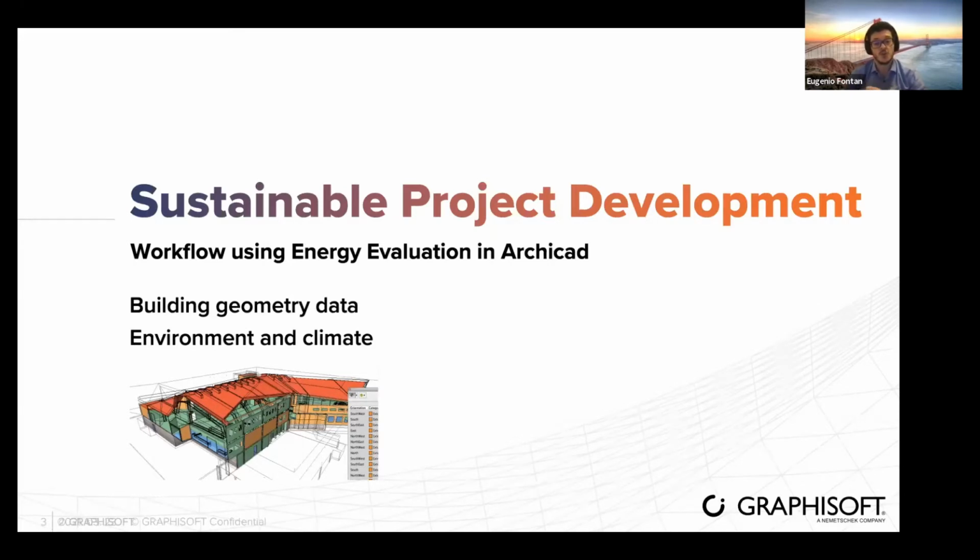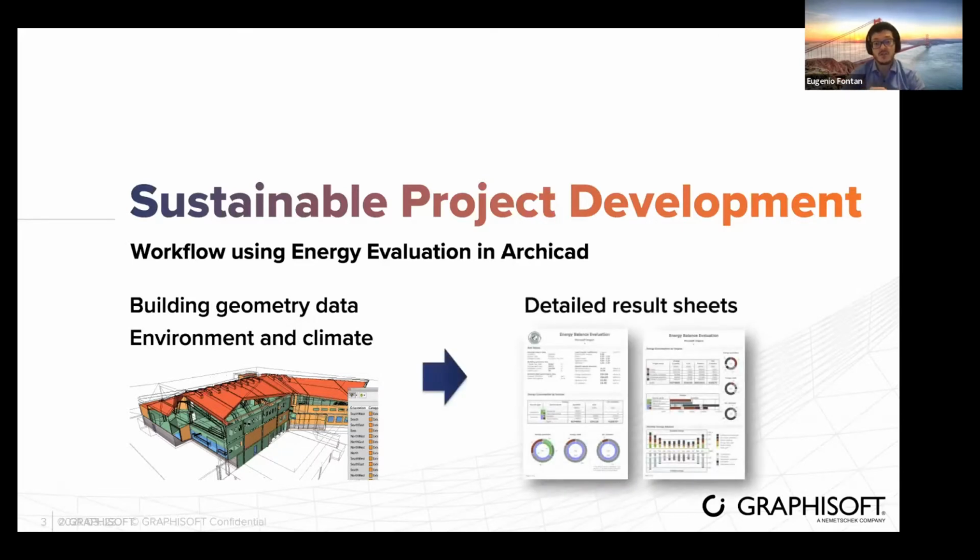ArchiCAD works with two things: the building geometry data, so it analyzes the building envelope from the construction point of view and the material physical properties, and it also uses the environment and climate values of the location of the project. ArchiCAD has all this data inside the project file and will analyze it to generate detailed result sheets showing the energy consumption, in which the energy is spent, and how the building behaves from the energy consumption point of view.